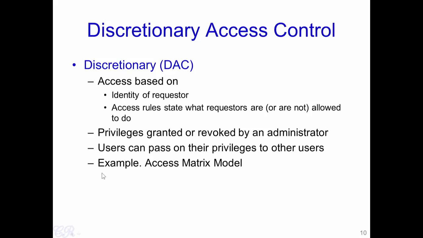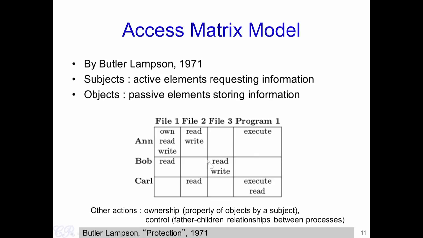A very common example of a DAC system, that is a discretionary access control system, is the access matrix model. The access matrix model was designed by Butler Lampson in 1971. It comprises subjects and objects.